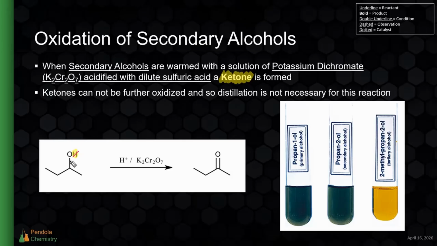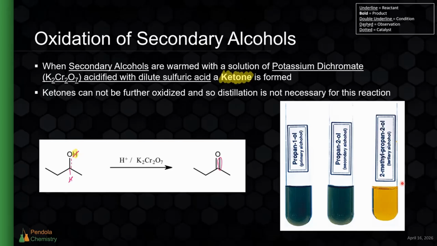So this hydrogen gets removed, along with the hydrogen that was previously bonded to this carbon right here, because this is a skeletal formula, and a double bond gets created between that oxygen and the carbon. That's where this double bond right here comes from. Hydrogen is removed, double bond created, we go from an alcohol, secondary alcohol, to a ketone. And that's it. That's a very straightforward reaction here.